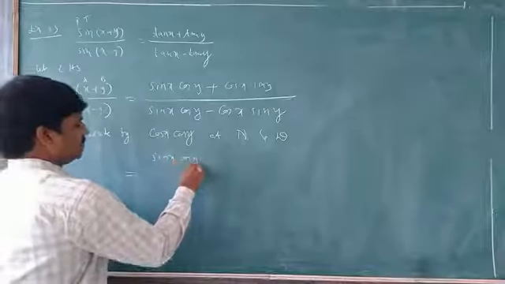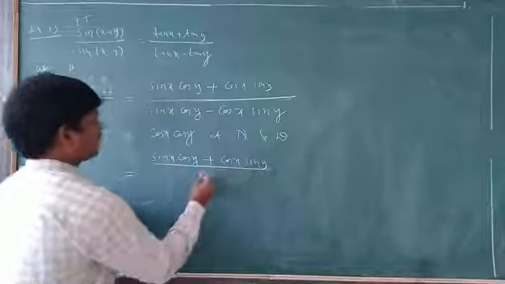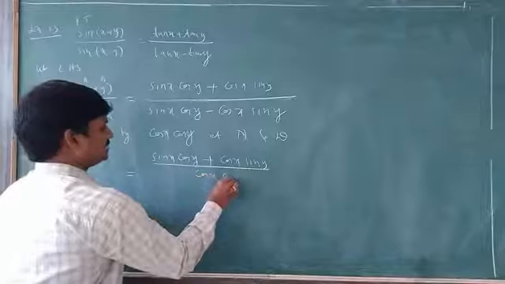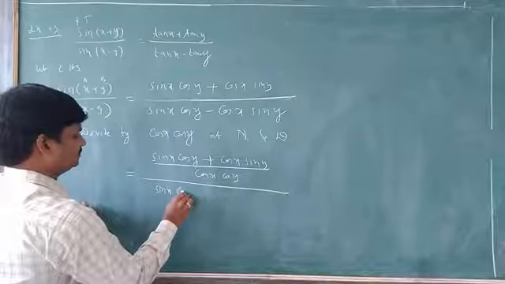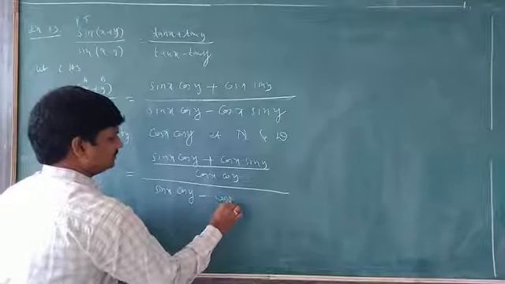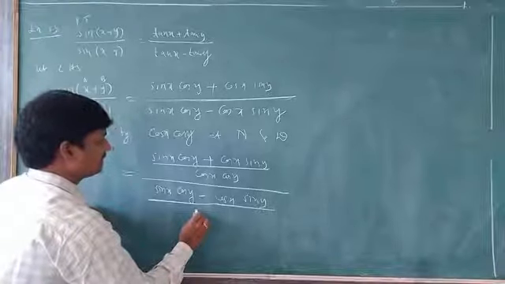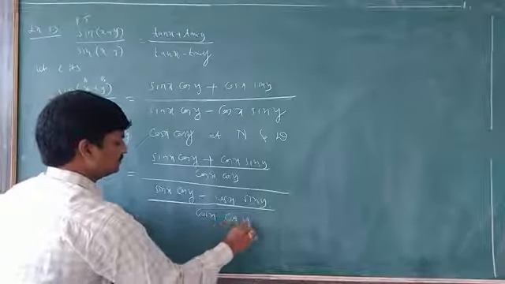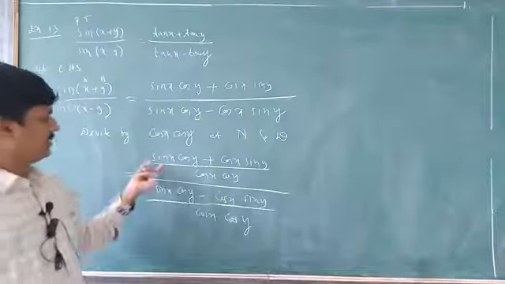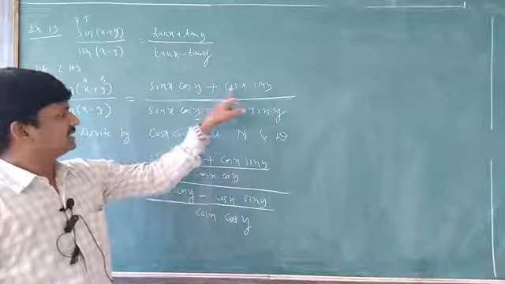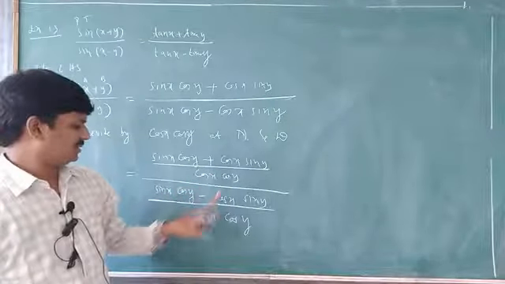(Sin x cos y plus cos x sin y) by cos x cos y, whole by (sin x cos y minus cos x sin y) by cos x cos y. I divided by cos x cos y.